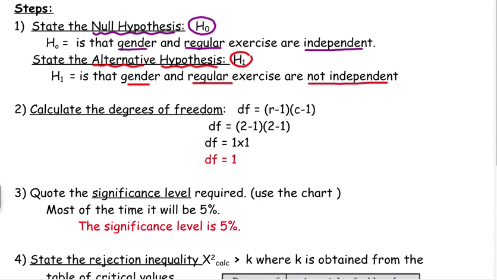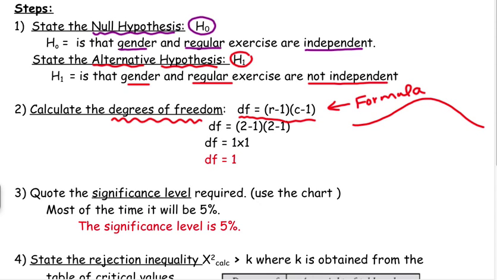Step 2 is to calculate the degrees of freedom. Remember how we had those curves going on, and we talked about that in a previous video? We want to calculate that. So here's our formula. Again, you're writing this entire slide down. You will refer to this a lot. This represents the number of rows.